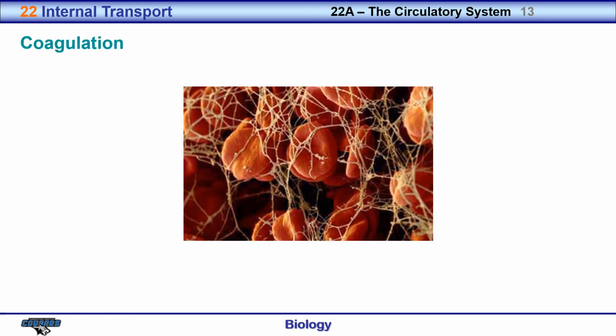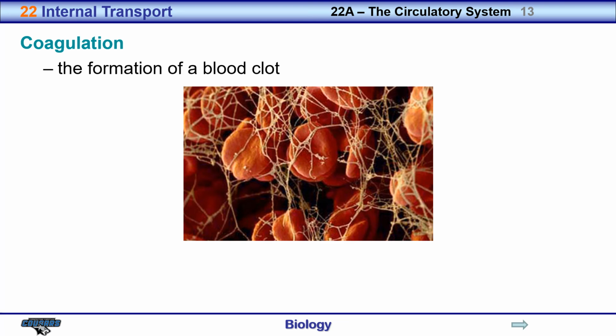Now, the process of blood clotting is called coagulation. It's just the formation of a clot. And as you can see in this picture right here, those fibers are produced kind of like a cascading series of events.